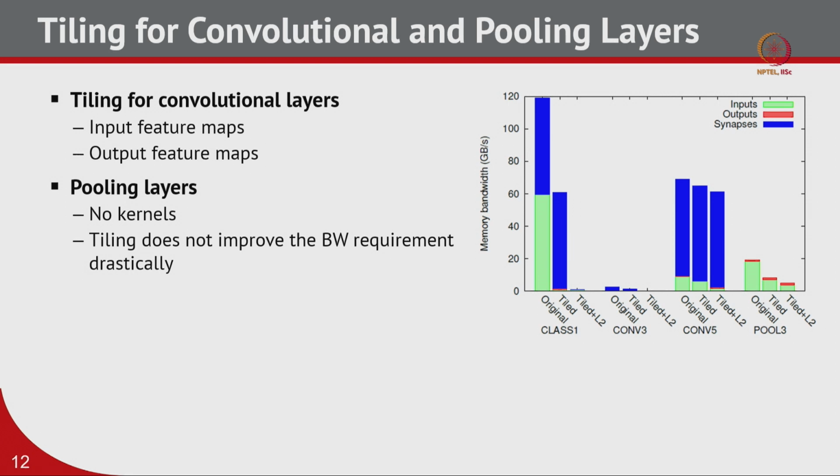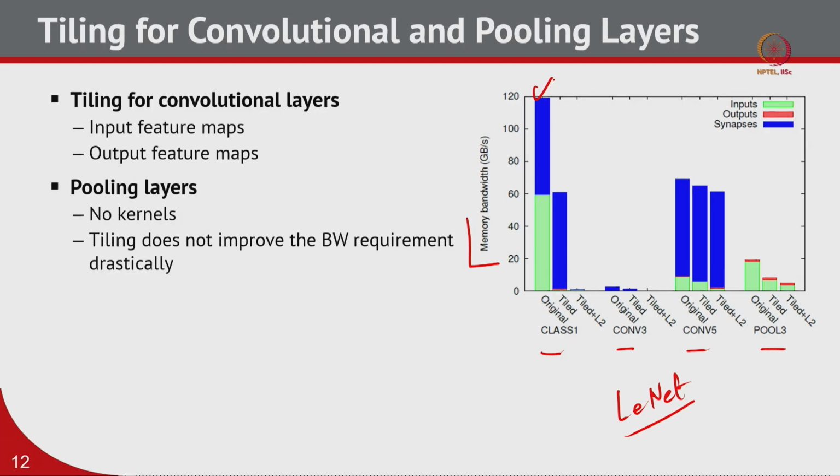As you can see, they are showing the result of memory bandwidth for classification 1, conv 3, conv 5, pooling 3. I think they are coming from the Elinet network. Okay. As you can see, the first bar is showing the memory bandwidth requirement when there is no tiling. So, this is the no tiling case, original.